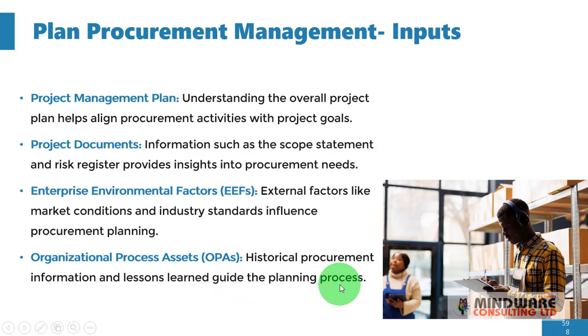So based on past projects and activities, you have to consult those documents and get information from there that is going to help you in the planning process. That's why you need those organizational process assets.